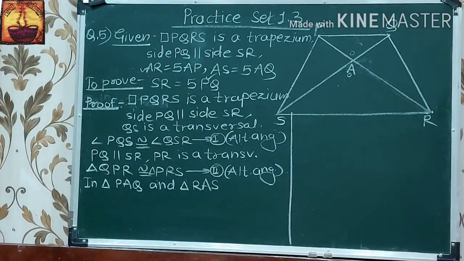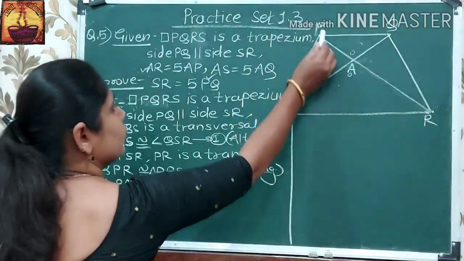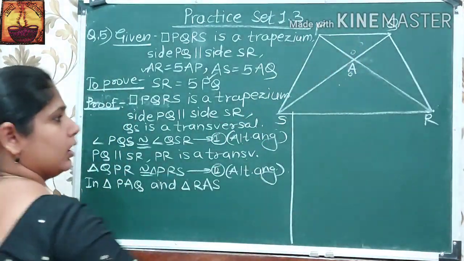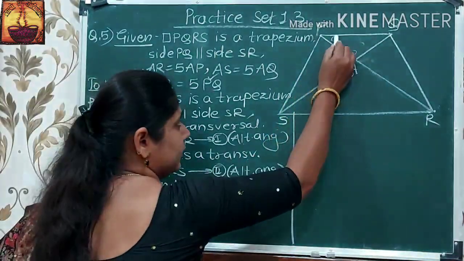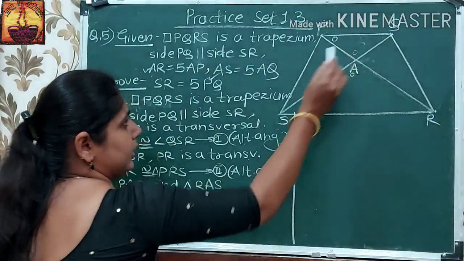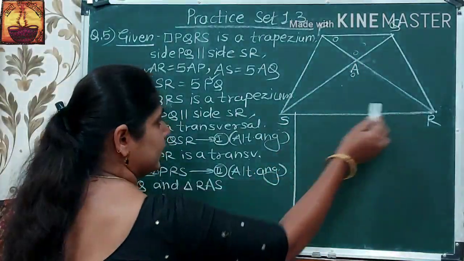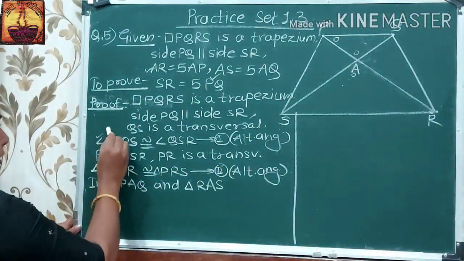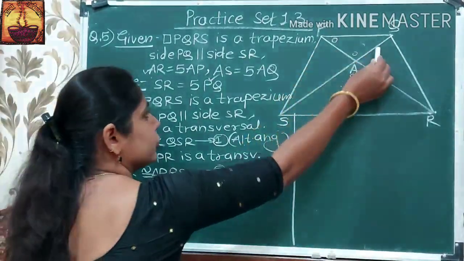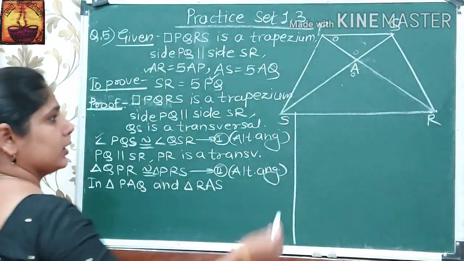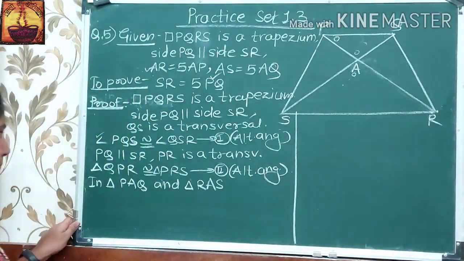Now, in triangle PAQ and triangle RAS, we have angle QPA congruent to angle ARS, which we proved, and angle PQA congruent to angle ASR.